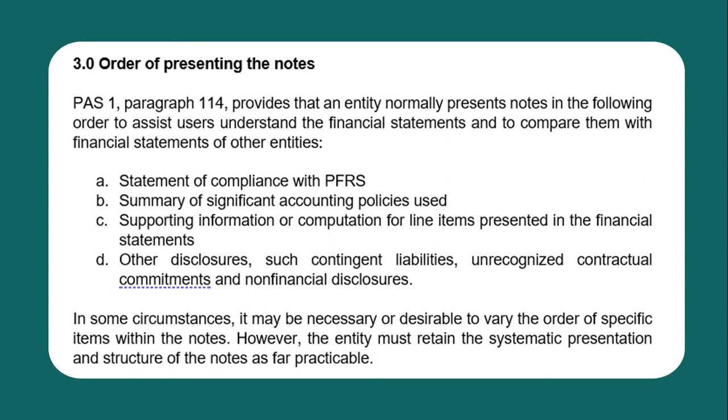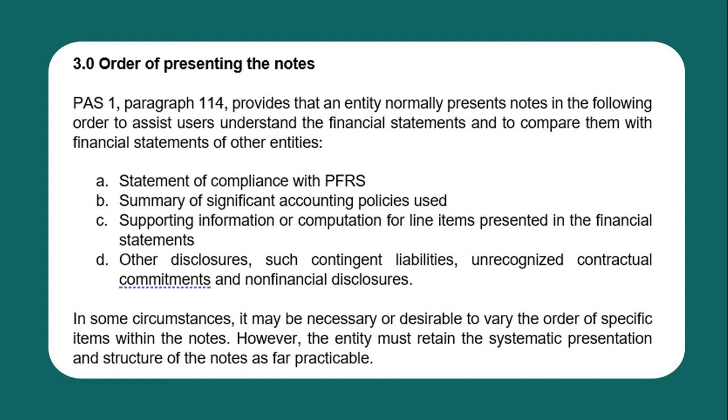Now in the notes to financial statements, dira na to makita ang details or disaggregation of the balance presented in the financial position of those items under cash and cash equivalents, such as cash in bank, cash on hand, petty cash fund, and other funds. Then other disclosures such as contingent liabilities, unrecognized contractual commitments, and non-financial disclosures. So those are some of the required disclosures.